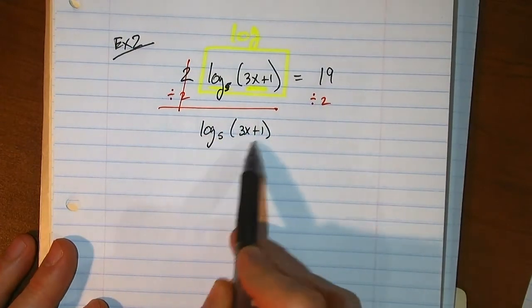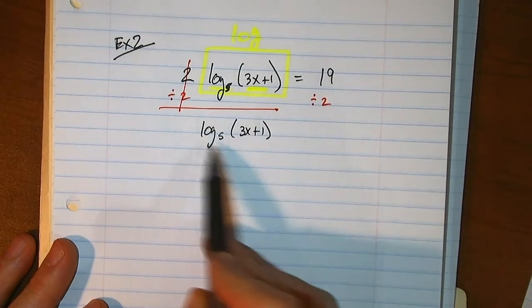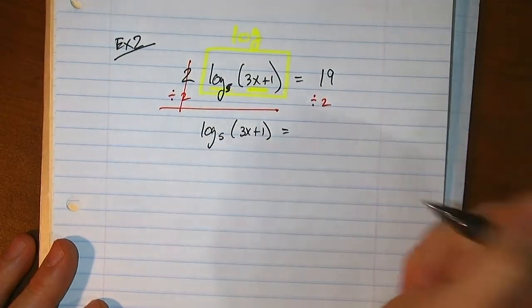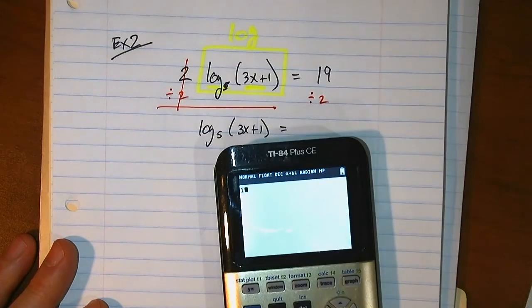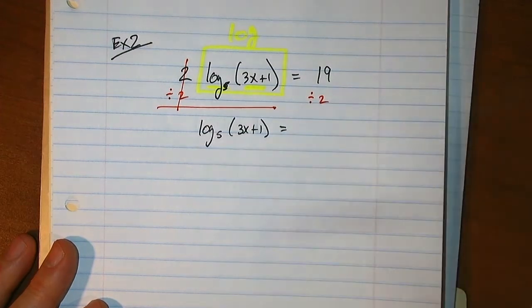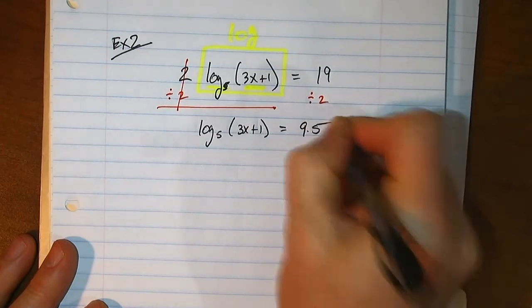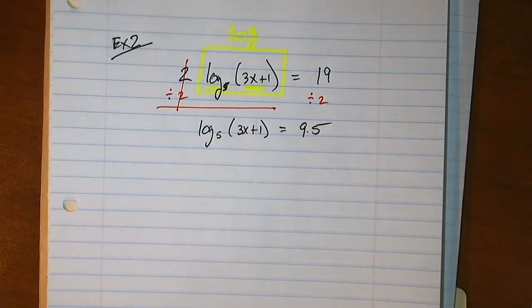It's part of the log. So this is my logarithm expression, and it is now by itself. On the other side, if I do 19 divided by 2, I'm going to get 9.5. So over here, 9.5. Okay, so now I've gotten the logarithm by itself.